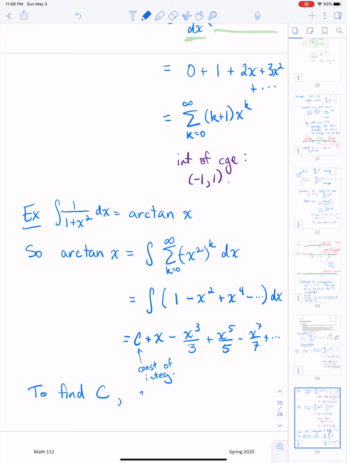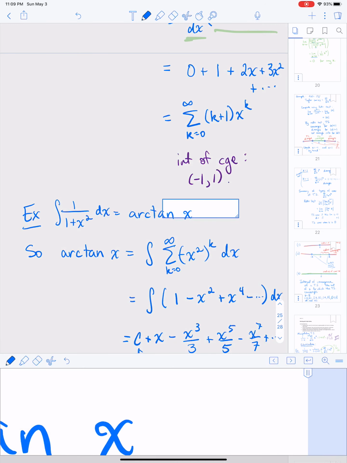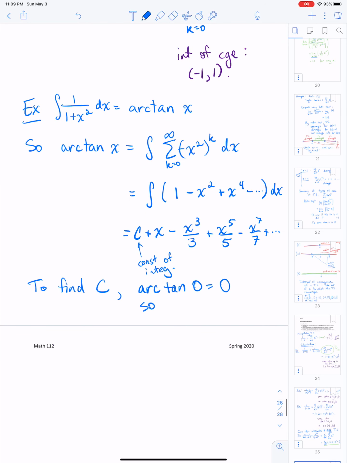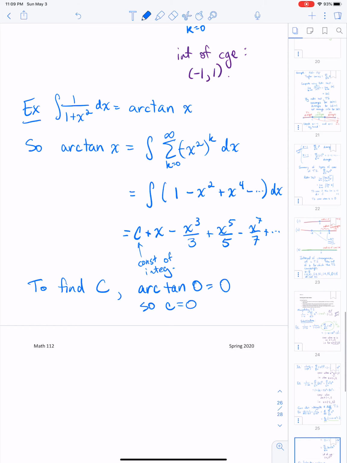Note that arctan of 0 is equal to 0, so the angle with a tangent of 0 is equal to 0. If I plug in 0 for all the x's, then all of those terms drop out, and we end up with C equals 0. Let me go ahead and add just one more page here.